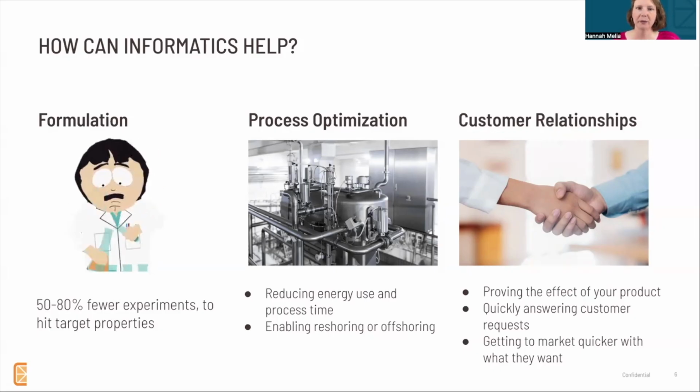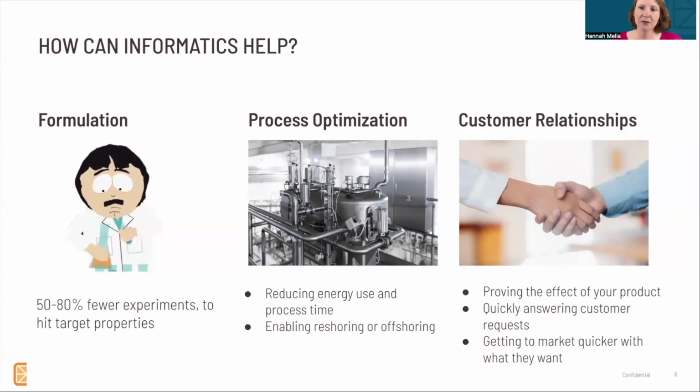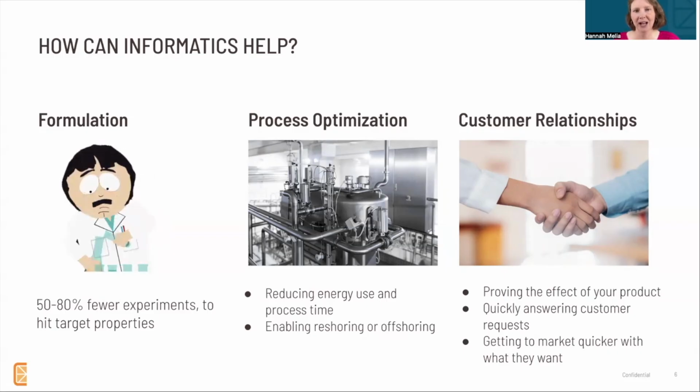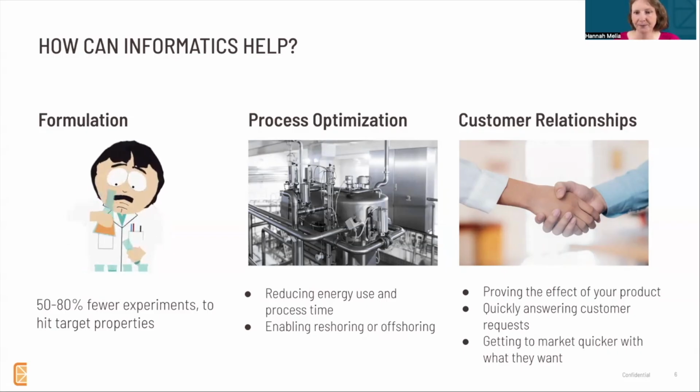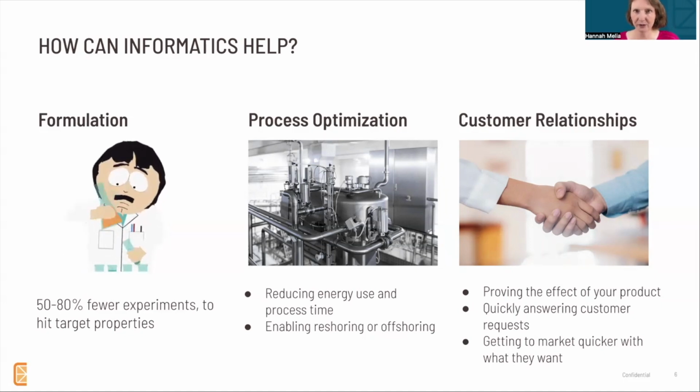If a customer is coming to you and wanting change or submitting a request for proposal, they want a sophisticated answer back about what you can do for them, in what time frame, and what's realistic. And the quicker that you can help answer those questions, the better. So you can also use the platform to show how your product impacts the customer's product.